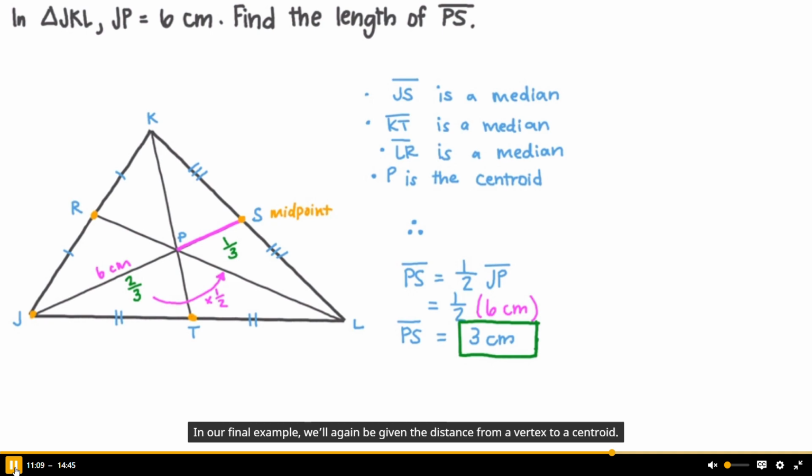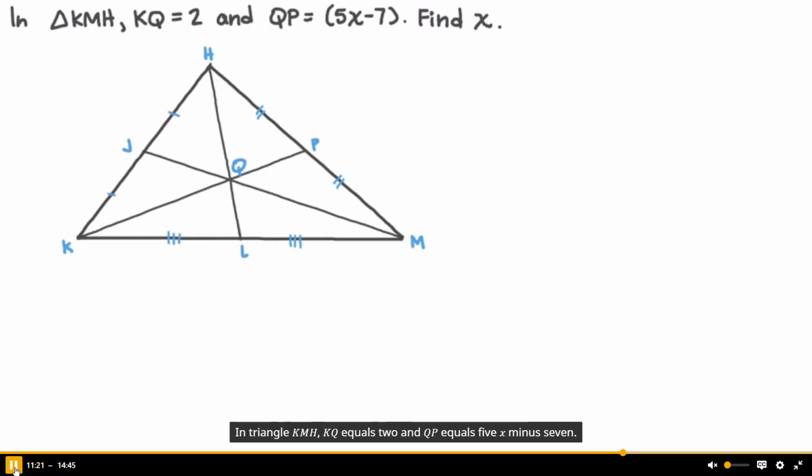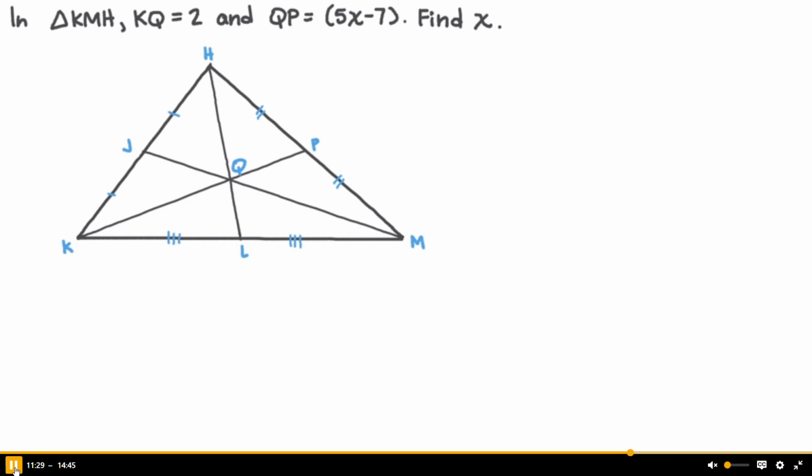In our final example, we will again be given a distance from the vertex to a midpoint, and we will try to solve for a missing variable and the distance from the centroid to the midpoint. In triangle KMH, KQ equals 2 and QP equals 5x minus 7. Find x.